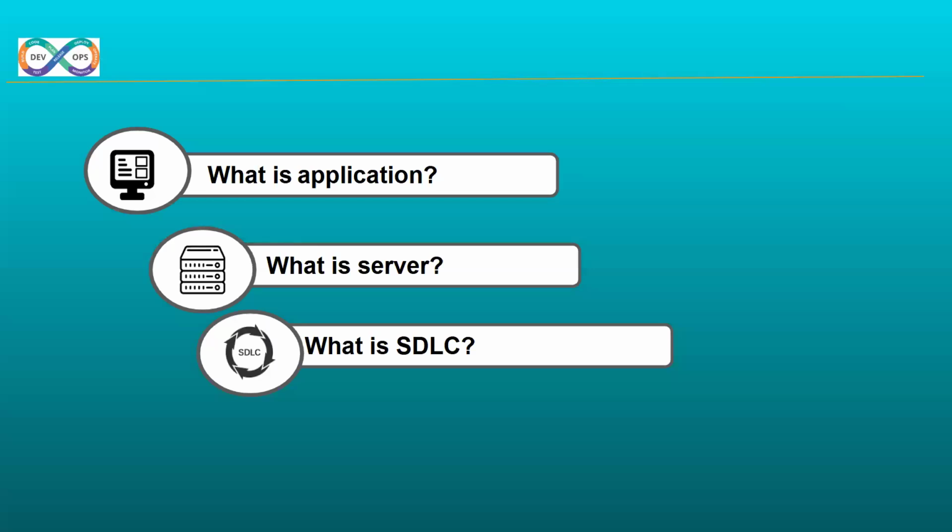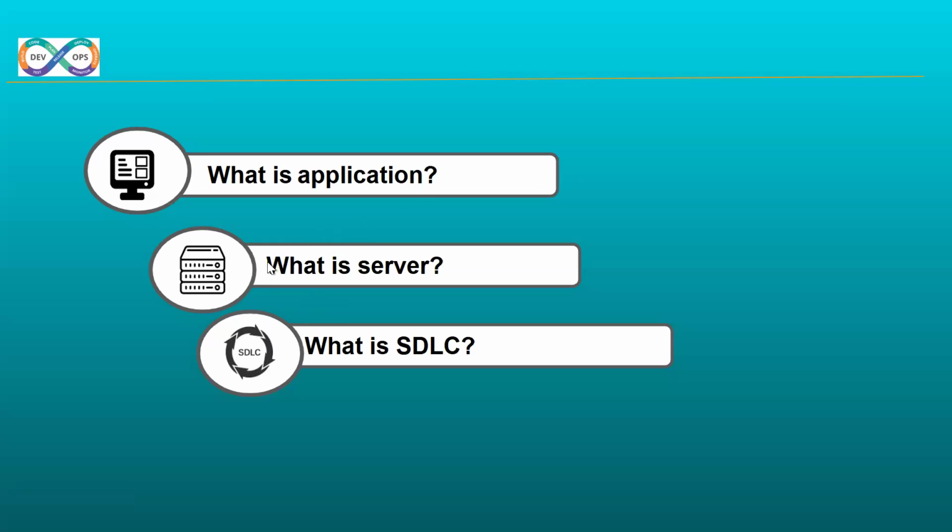What is SDLC? We discussed these three questions at the beginning of the last session. So let us repeat again. What is an application? The working software which is written in any programming language we call an application.